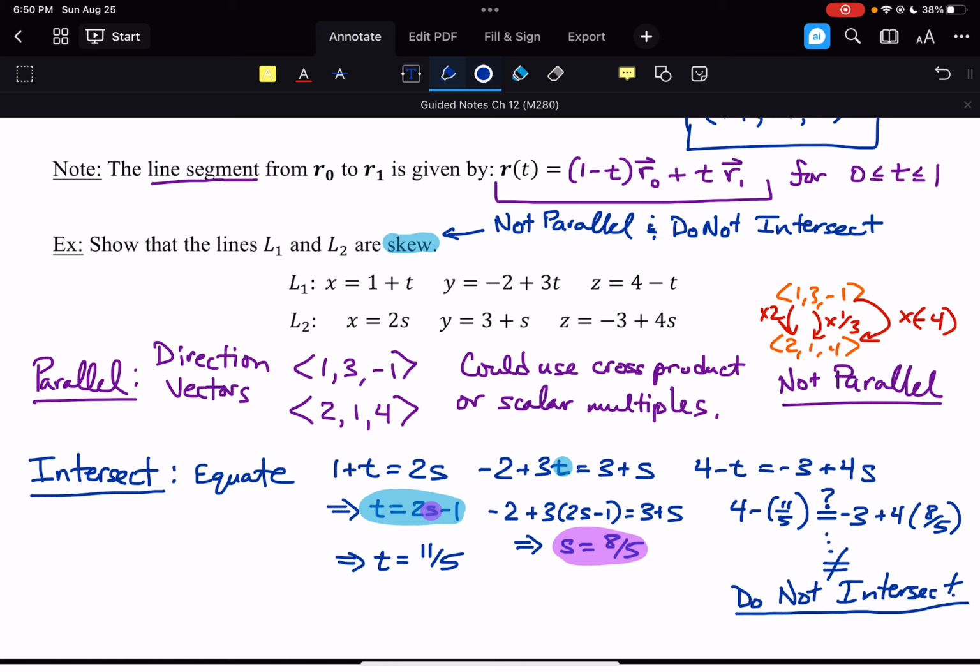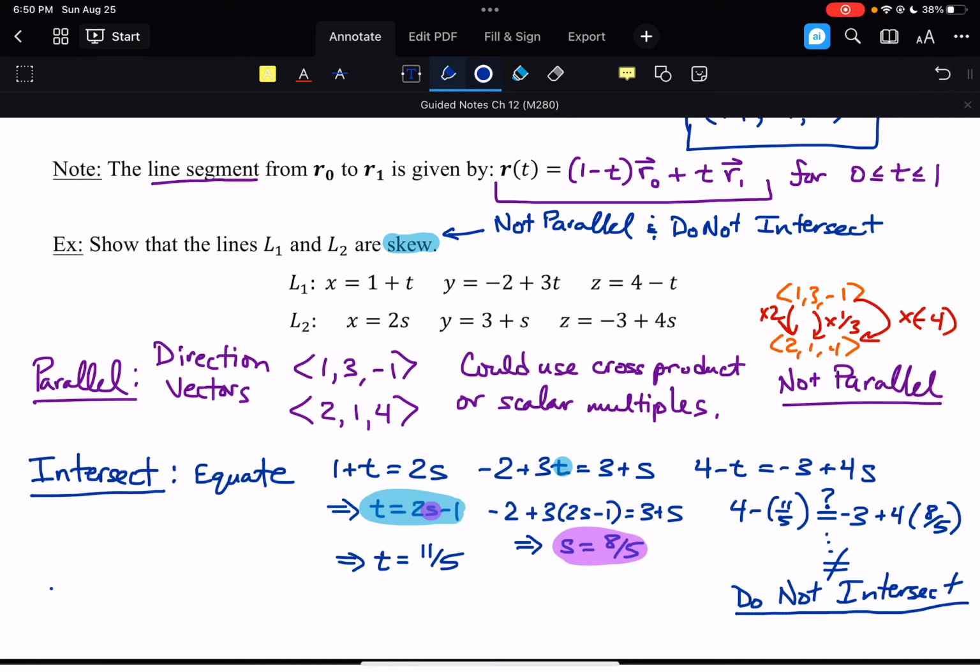Okay? Because the only chance they had of intersecting was if these were the values of s and t, right? Those are the only values that make these equations work. But those values made the third one not work. And those were our only choices, which means that there are no points that make this work. So there are no points where they meet. They do not intersect.